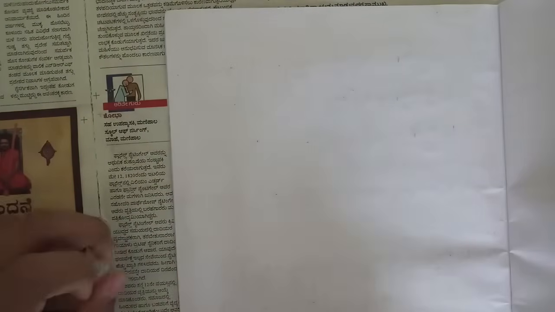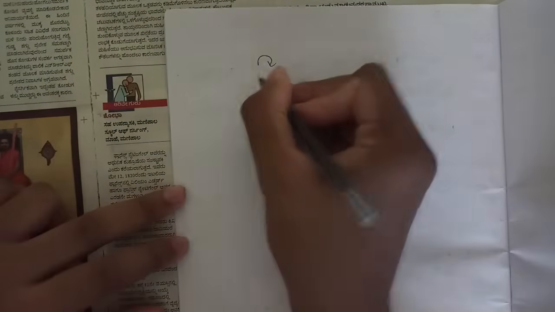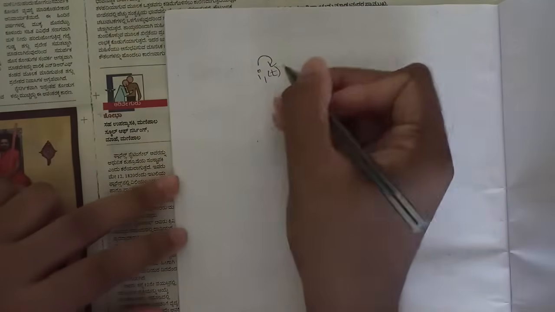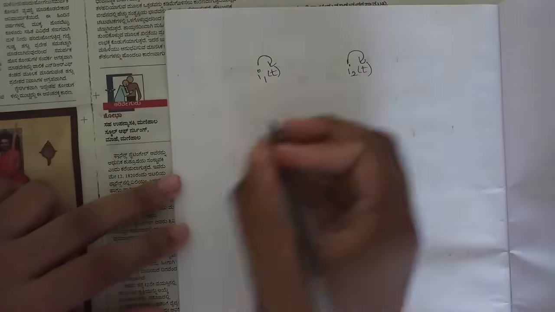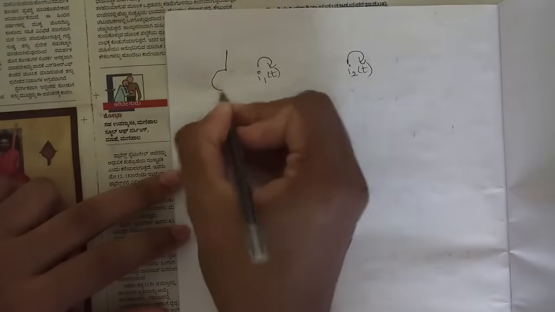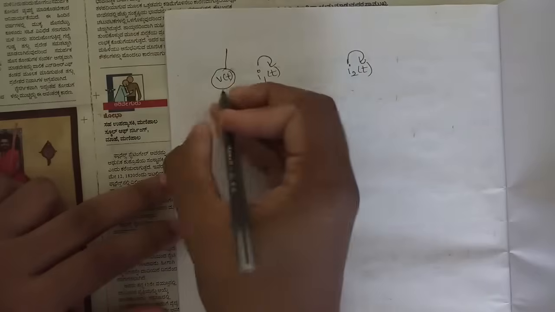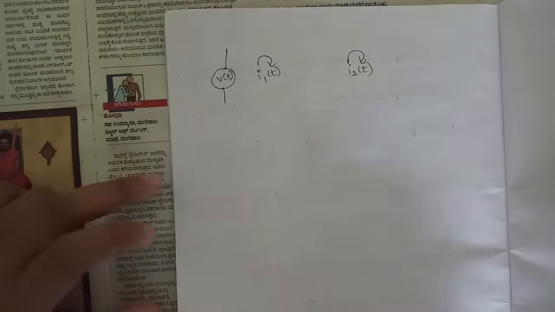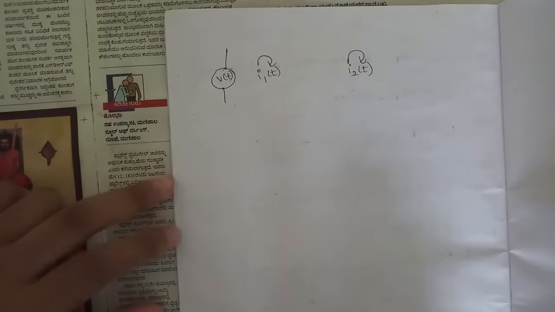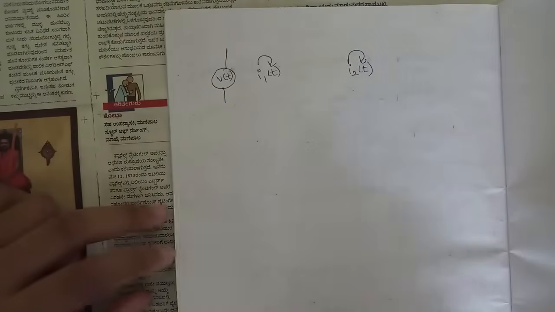Okay. So here, since again we have two currents, we will have two loops in the circuit. Name those two loops as I1 of t and I2 of t. In the first loop we have the voltage source V of t. Along with that we have two components in between the two loops, that is C2 and R2. If you observe the equations, I have turned the page, so I can't turn back and show the page.